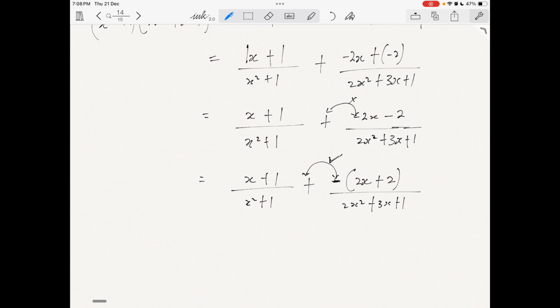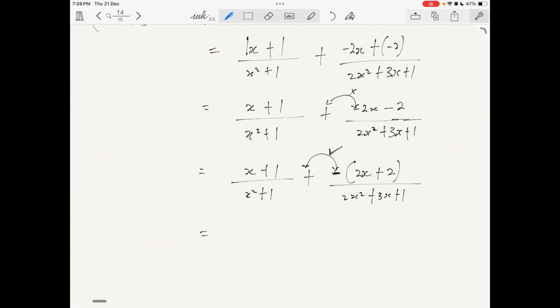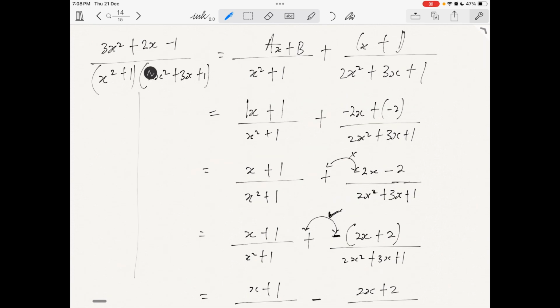So let's take a deep breath. Quite long. So when they relate together, we will have to be minus, right? So we have x plus 1 over x squared plus 1 minus 2x plus 2 over 2x squared plus 3x plus 1.